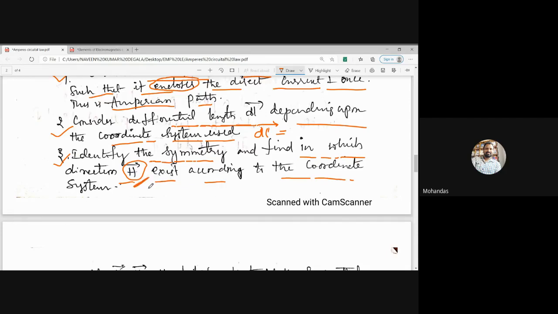That direction should be known before applying the Ampere circuit law. So we have to identify the symmetry and find in which direction H exists according to the coordinate system. This is the third point, right?